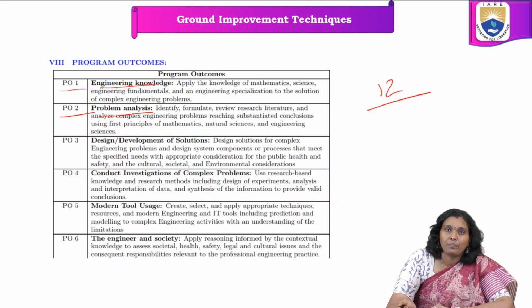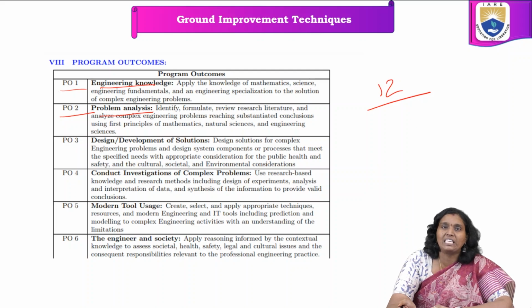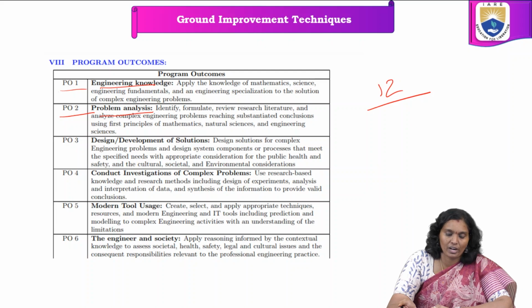In PO3, design and development of solutions are considered. So we are going to design solutions for complex engineering problems and design system components or processes that meet the specified needs with appropriate consideration for public health and safety, and cultural, societal and environmental considerations.